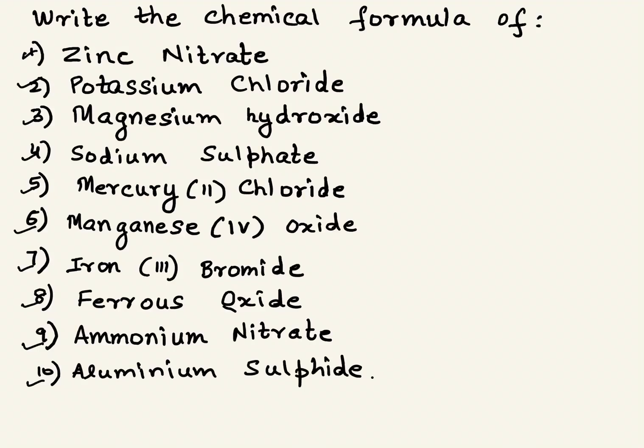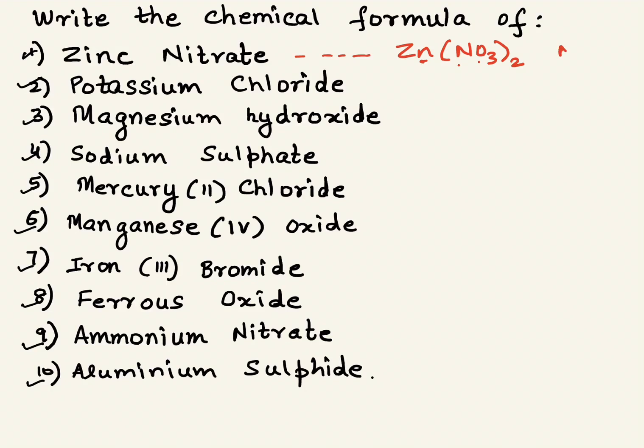Have you done? Okay, would you like to check your answers right away? So we have zinc nitrate, Zn(NO3)2. Now please understand here, N has to be small in Zn. For nitrate, capital N, capital O and a 3 at the bottom.